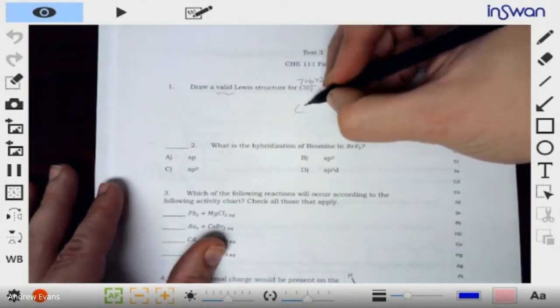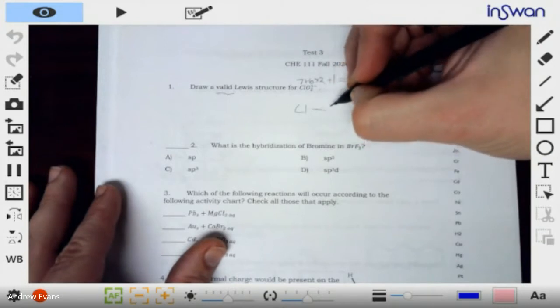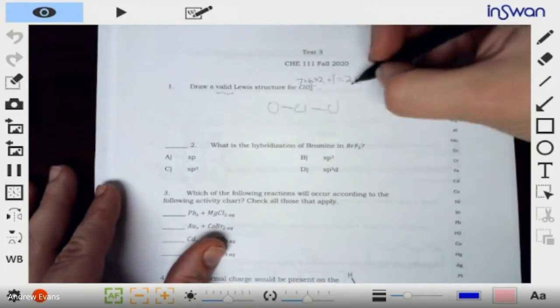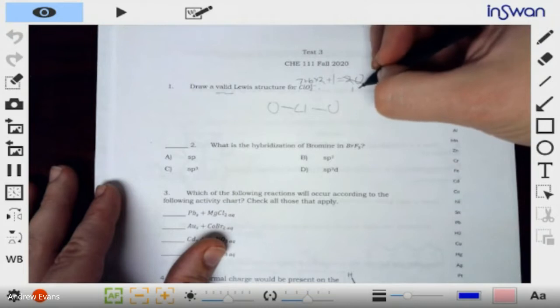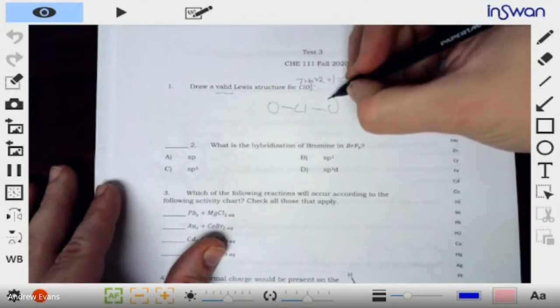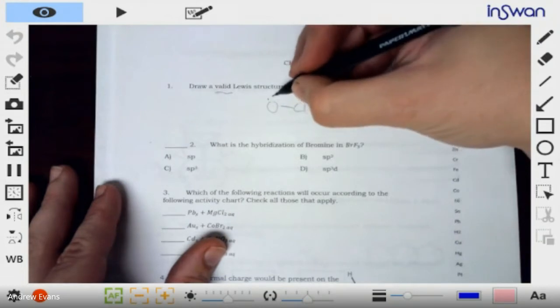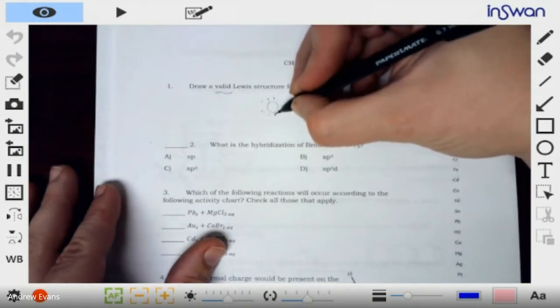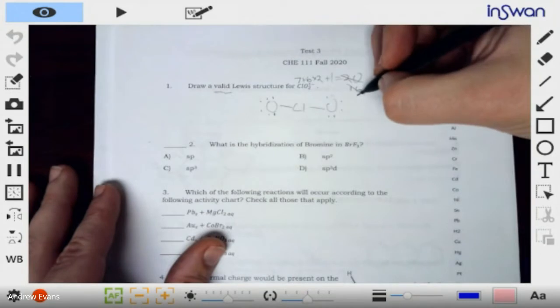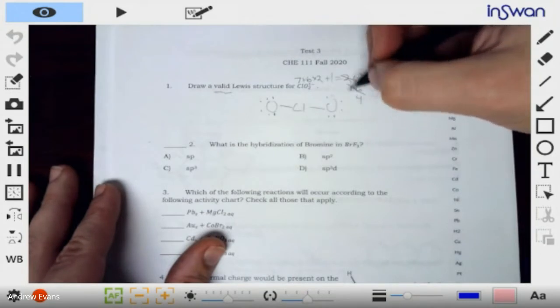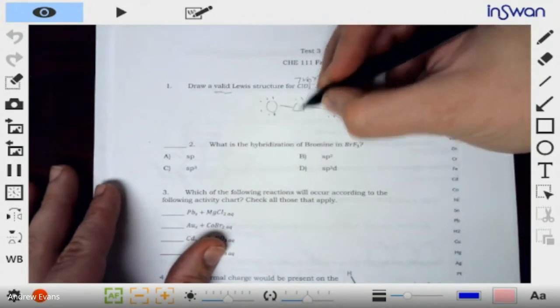We slap our chlorine in the center, followed by 2 oxygens around it. We're down to 16. We put 6 lone pairs on each oxygen to give them 8. We've used 12, leaving 4. We have to put them on the chlorine.